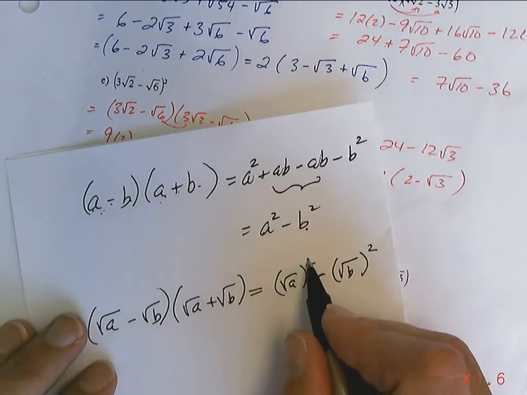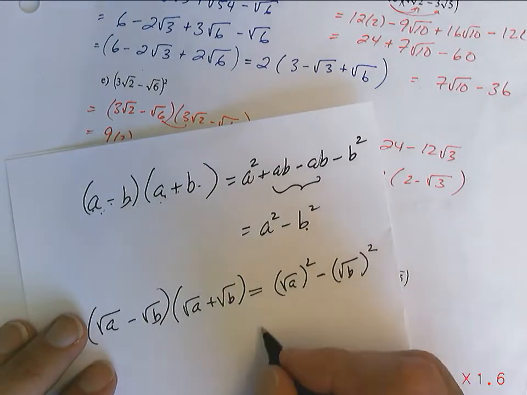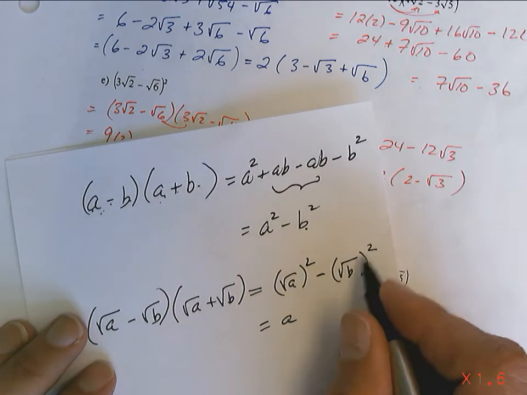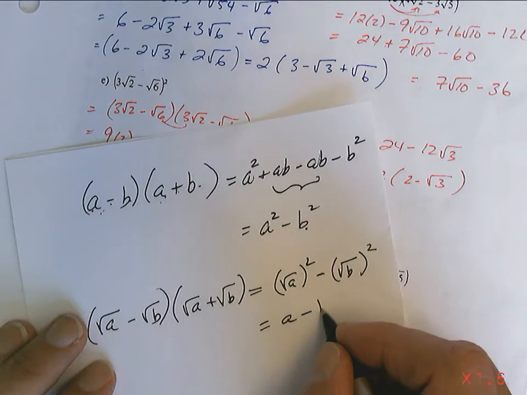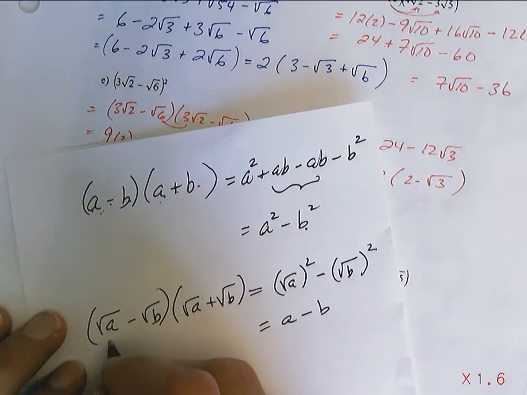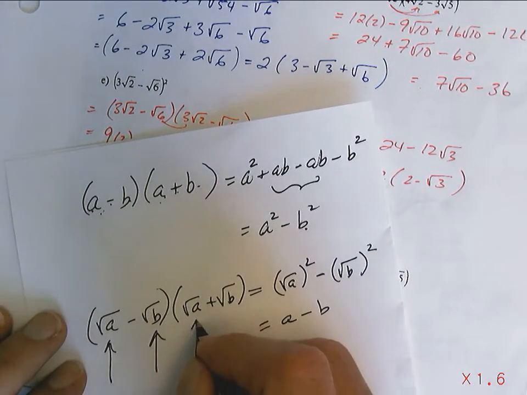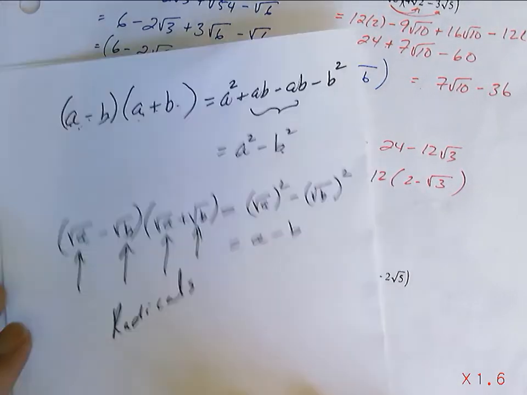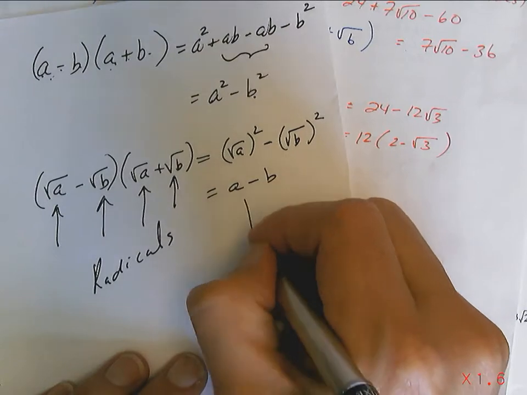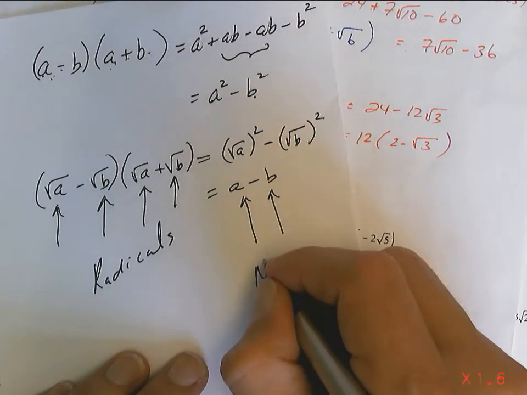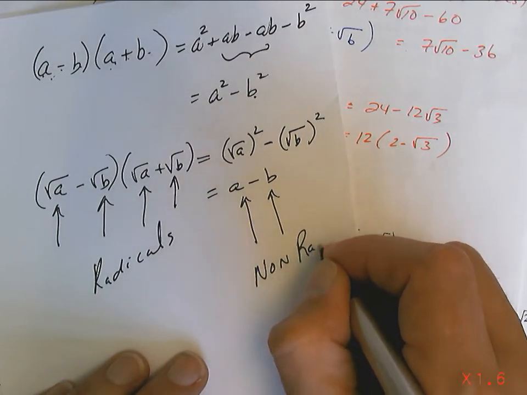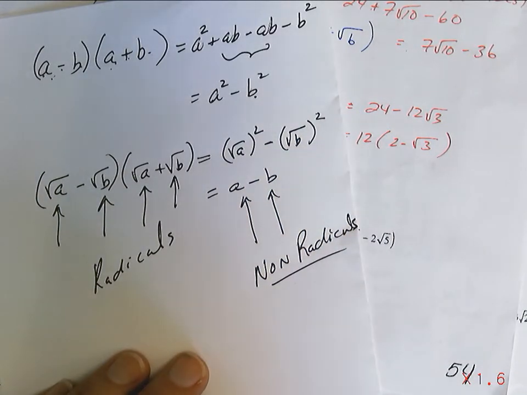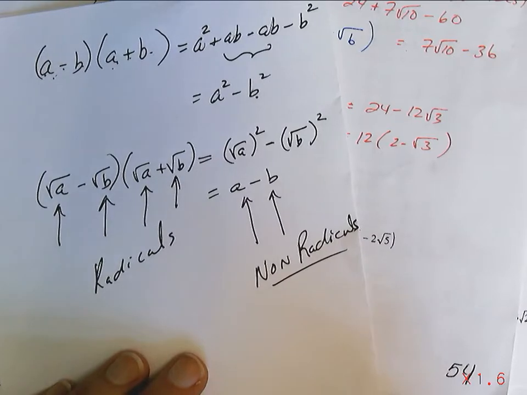Since the square root of a squared are opposite operations, it's going to be a, and the square root of b squared are opposite operations, it's going to leave you with b. Notice we went from radicals to non-radicals. That is cool, and we're going to make use of this a lot.